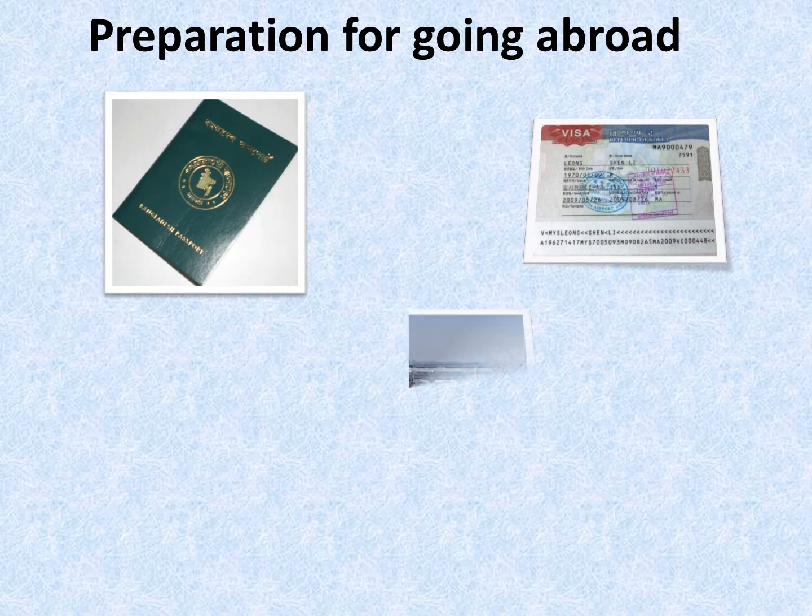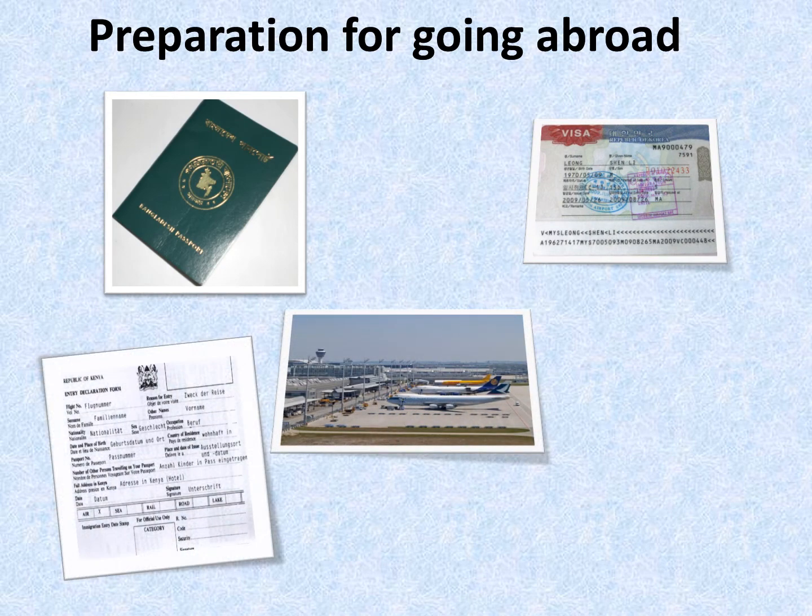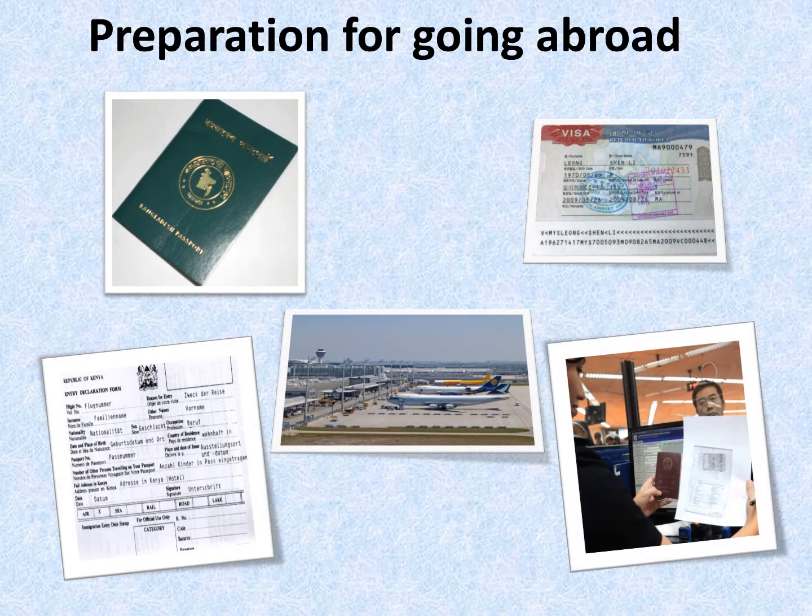Now let's see what is next. Preparation for going abroad. That means what things we need to make a journey by plane or a journey to another country. We need to have a passport and a visa on it. Then we have to arrive at a station, and in the airport they will provide you a departure card, and you will have to give some information here, and then you will have to go to the immigration.